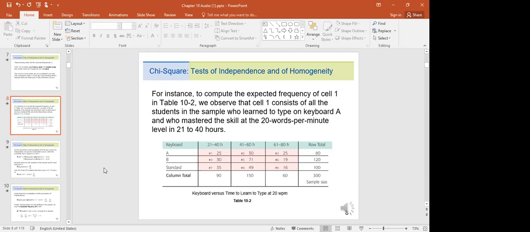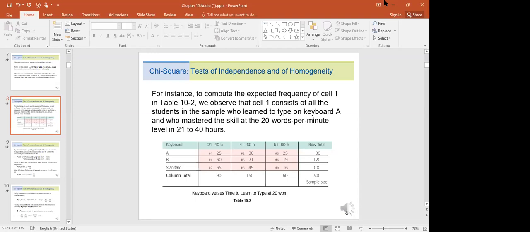Row times column divided by 300. Please, everybody should do that. We are at cell 1 with 25 values.